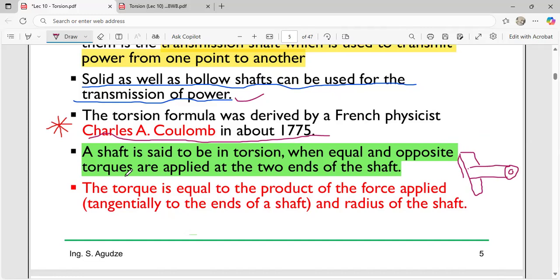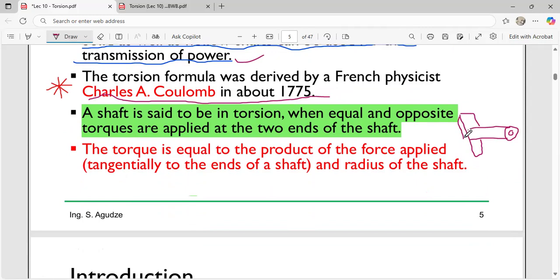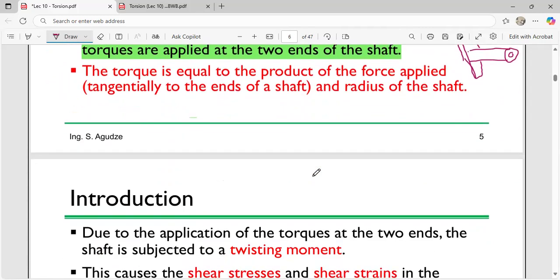A torque is a measure of the rotational force that causes an object to rotate or twist around its axis. So the torque is equal to the product of the force applied tangentially to the end of a shaft and the radius of the shaft.